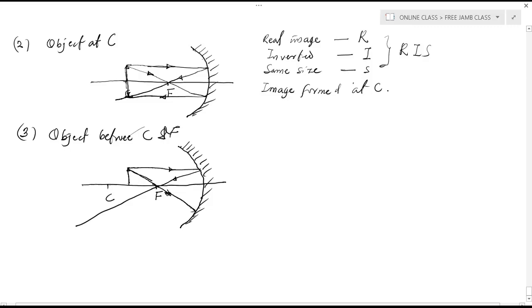It reflects back there. And they all meet. They met here.